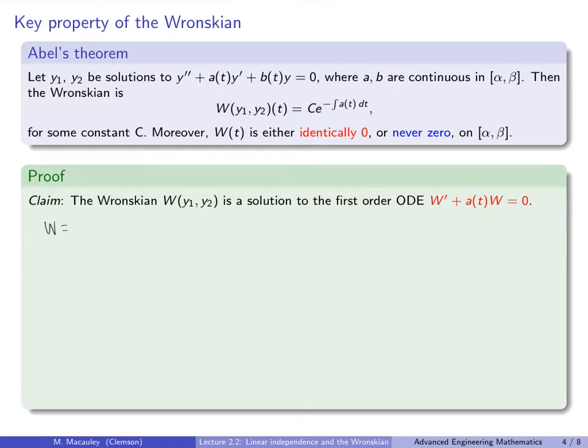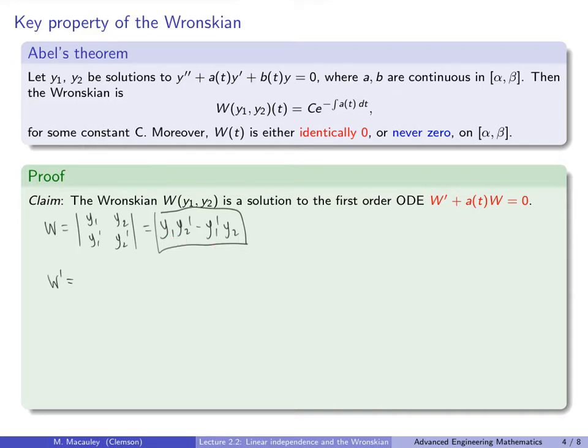Okay, so let's verify this. Let's first write out what the Wronskian is. It's this determinant, y1 and y1 prime down the first column, and y2 and y2 prime down the second column. So we take the cross product of this, I guess this product minus that product, that's what I'm calling cross product. So that's y1 y2 prime minus y1 prime y2. So that is the Wronskian, and we need to show that this satisfies this ODE. So we need to take the derivative. That's something we can do using the product rule.